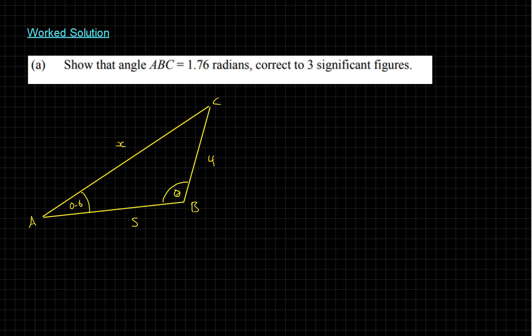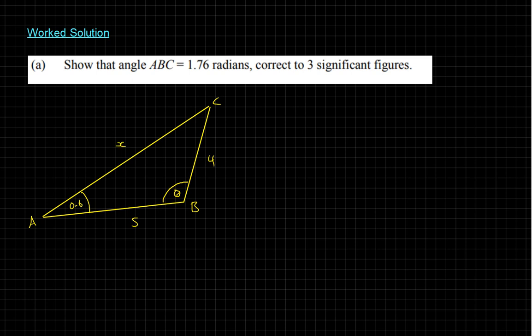Remember, sine rule tells us that the ratio of an angle to its opposing side is the same for all three pairs in a triangle. So, if I knew what x was, then sine of theta divided by x will be the same as sine of 0.6 divided by 4. So if I know x, I can find theta. Problem is I don't know x.